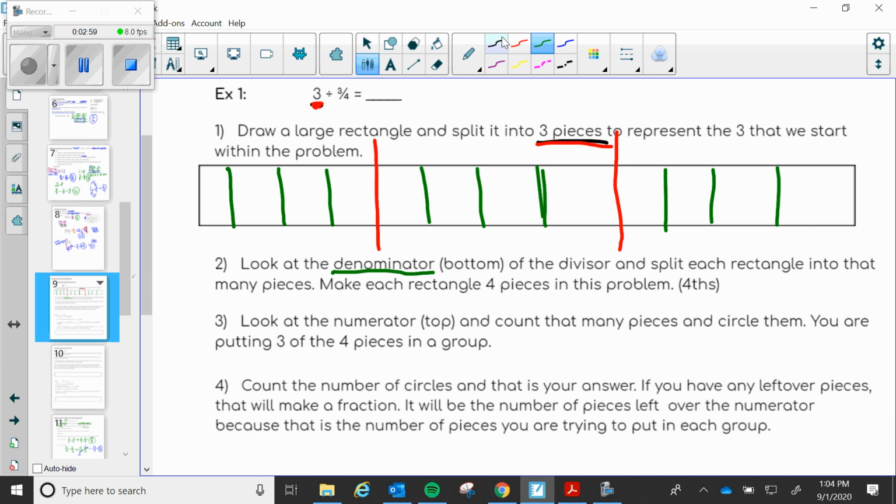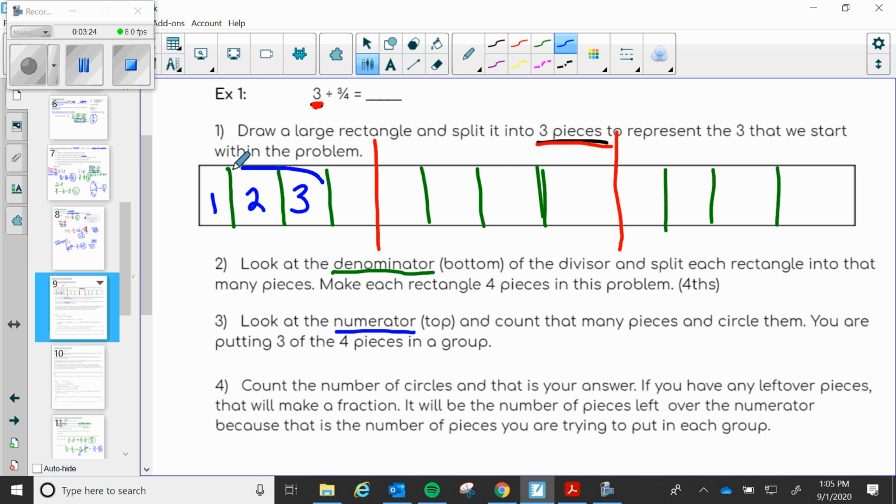Okay, so then step 3, I am going to switch colors. Look at the numerator, or the top, and you count that many pieces and circle them. So we're making groups of 3 because that's what our numerator of the divisor is. So you count your circles, 1, 2, 3.